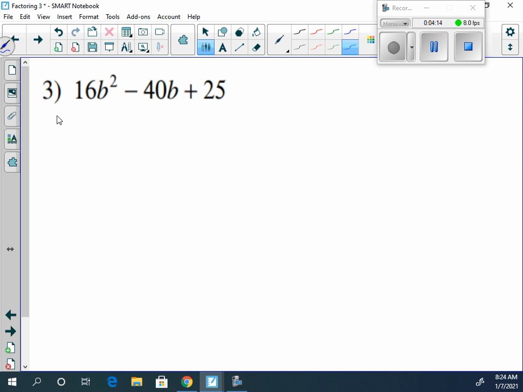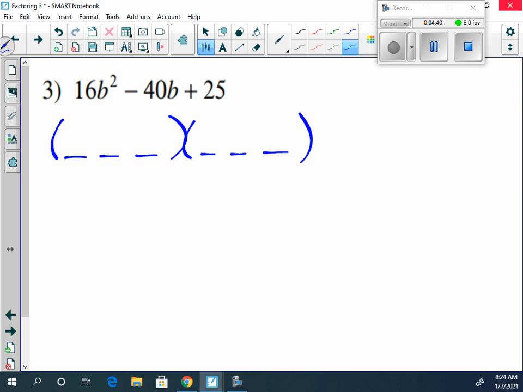So let's look at this next one here. 16b squared minus 40b plus 25. Well, again, there's no greatest common factor between the 3 terms. So we can go to our 2 sets of parentheses with 3 spaces.